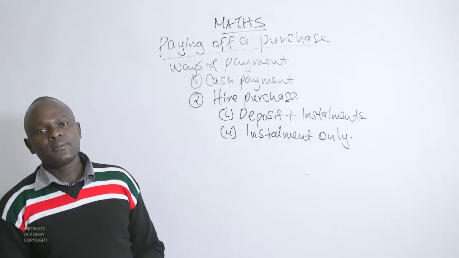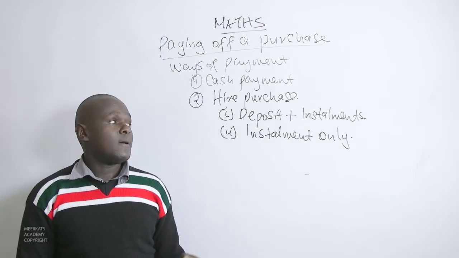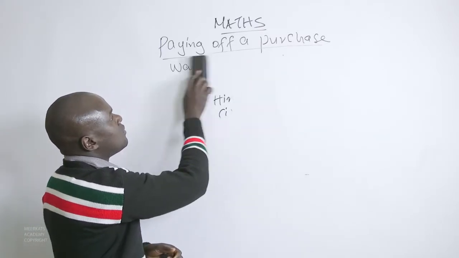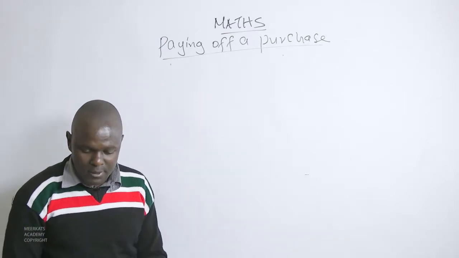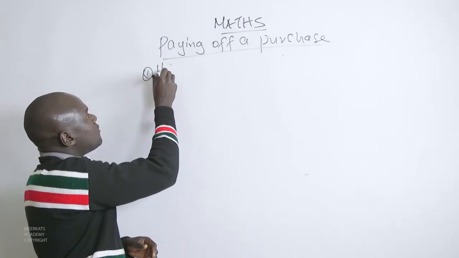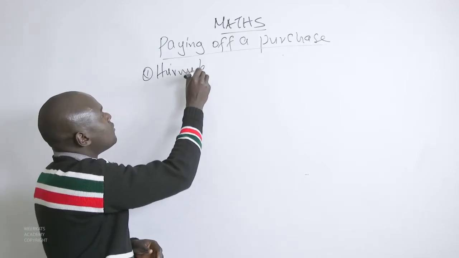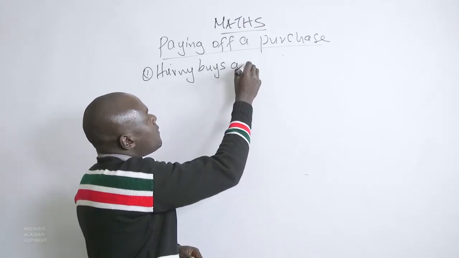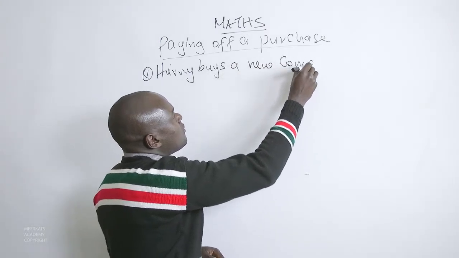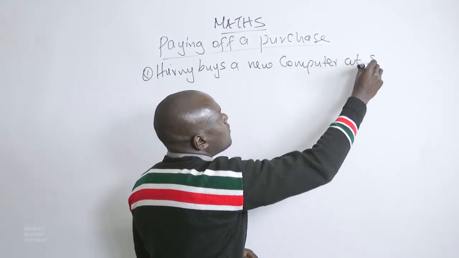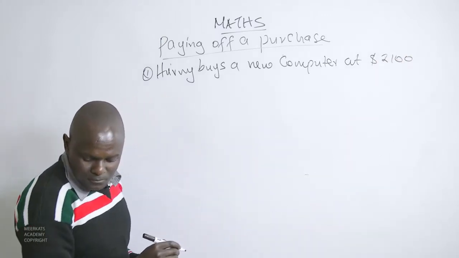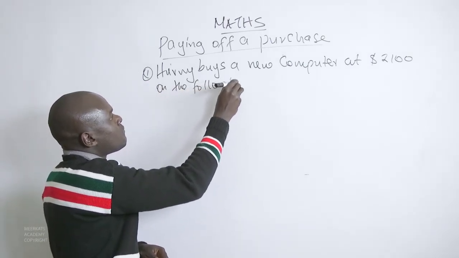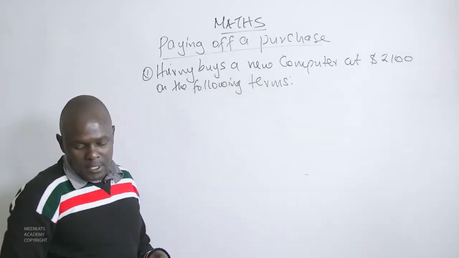To understand this concept, I want us now to move on and look at examples that will guide us through these concepts. Our first example: we have a person by the name Harry. Harry buys a new computer at $2,100 on the following terms.